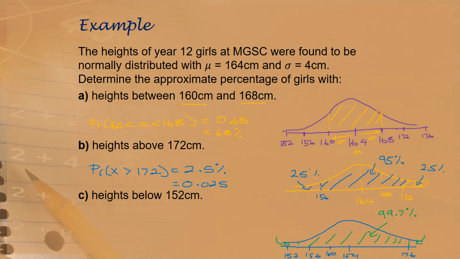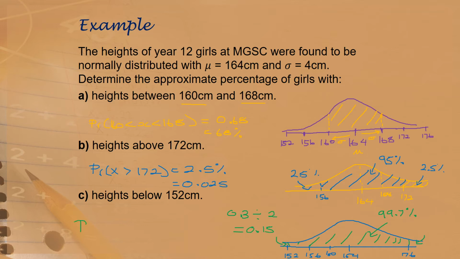So what I'm doing is taking 0.3 and dividing by 2. So 99.7 is where we were up to, and then dividing 0.3 by 2, we would get 0.15.